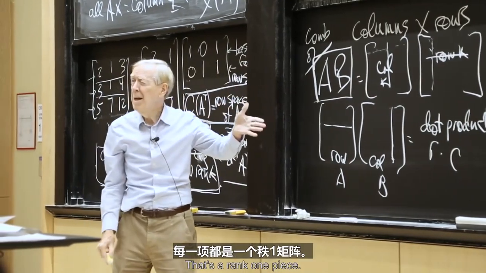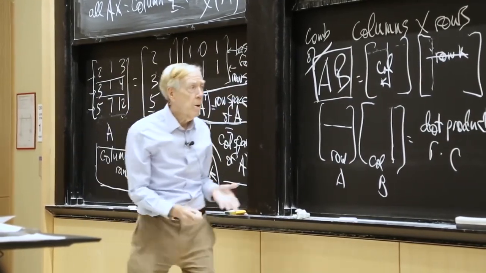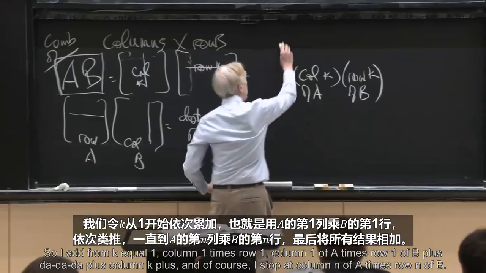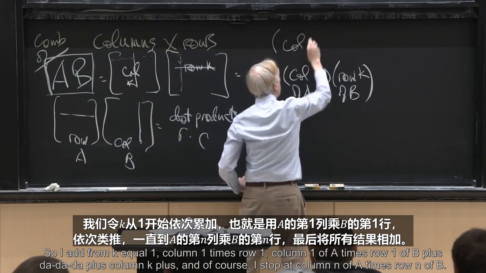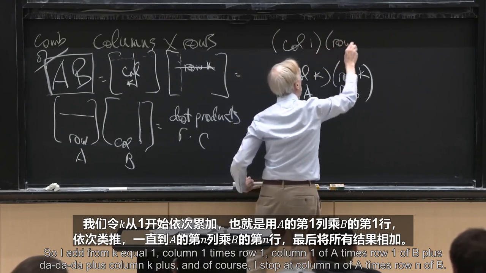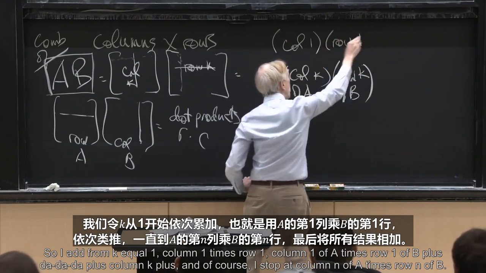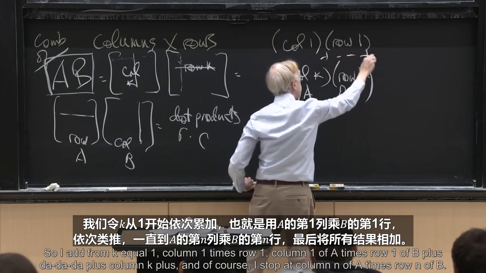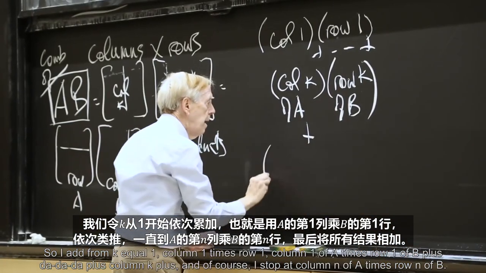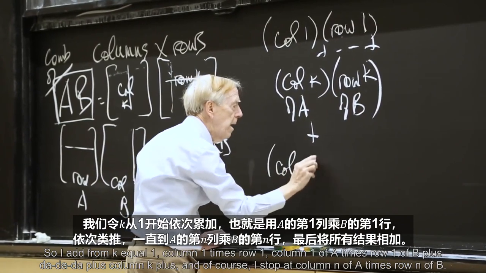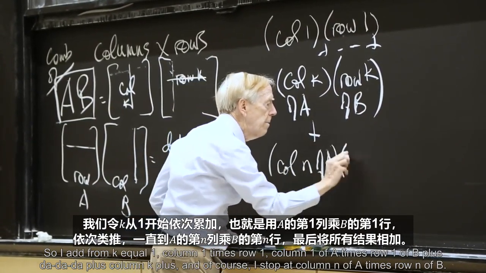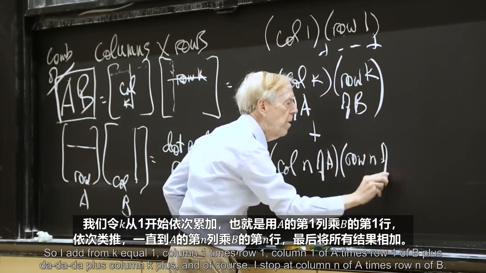That's a rank 1 piece. That's like a building block. So I add from K equal 1, column 1 of A times row 1 of B, plus and so on, plus column K, and of course I stop at column N of A times row N of B.